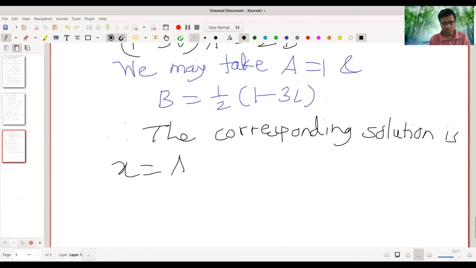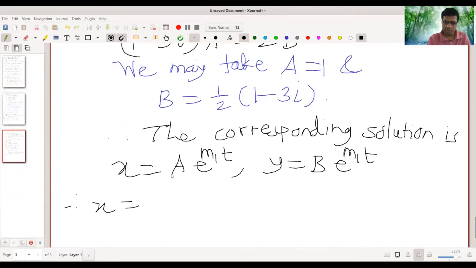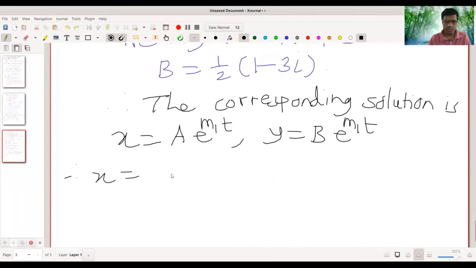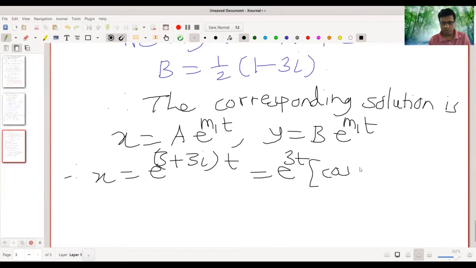x equal to A e raised to M1t, y equal to B e raised to M1t, that is x equal to A is 1, M1 is 3 plus 3i. So e raised to 3 plus 3i into t. So it is e raised to 3t into cos 3t plus i times sin 3t.